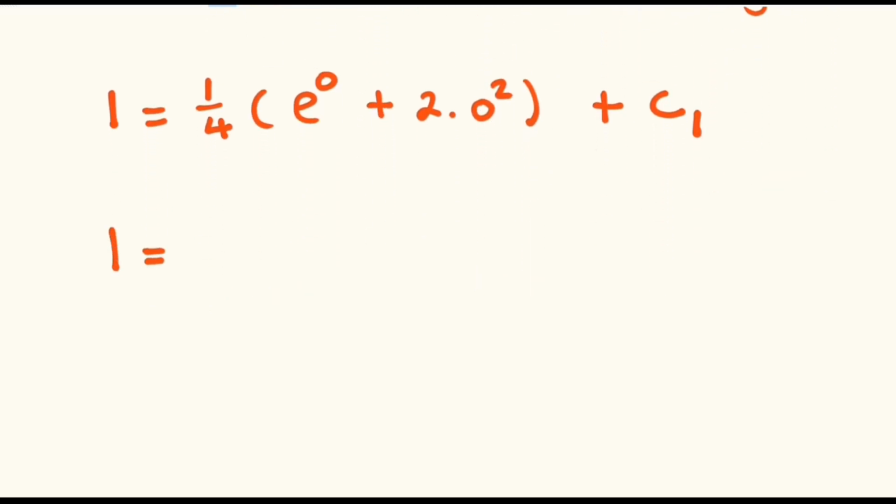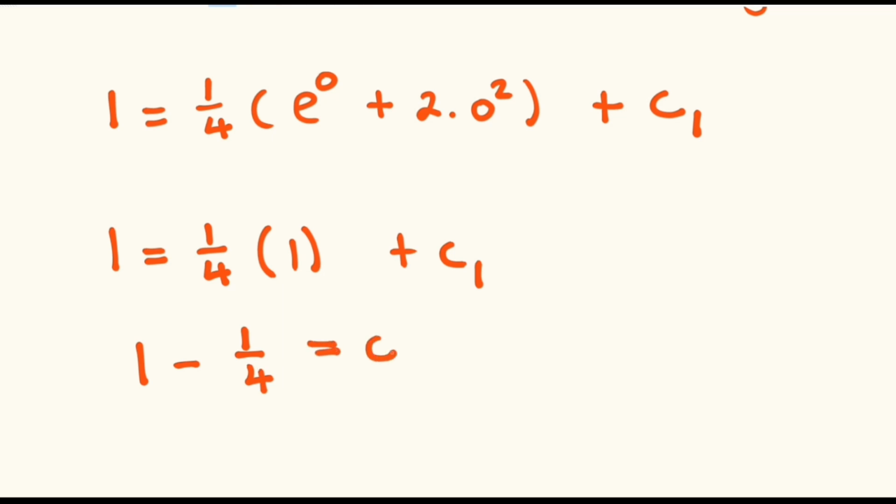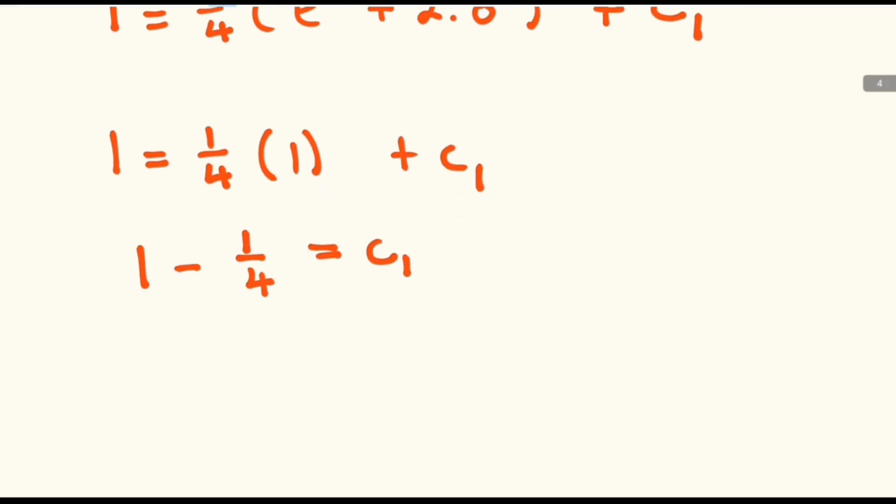and 1 will be equal to 1 over 4 into e raised to the power 0, which is equal to 1, and 2 multiplied by 0 squared will be equal to 0, and we have plus c1. We take the 1 over 4 to the left, and it turns into negative 1 over 4. And this will be equal to c1.